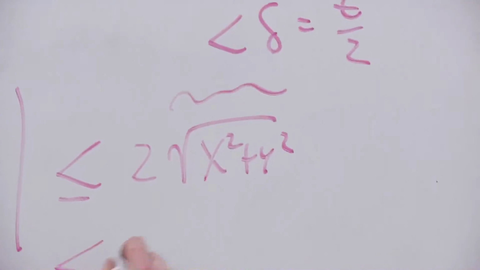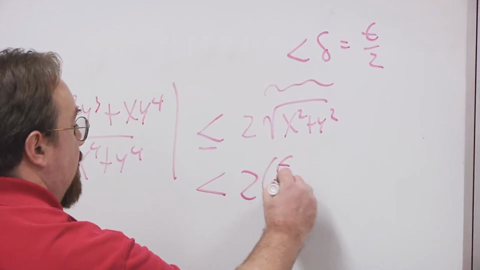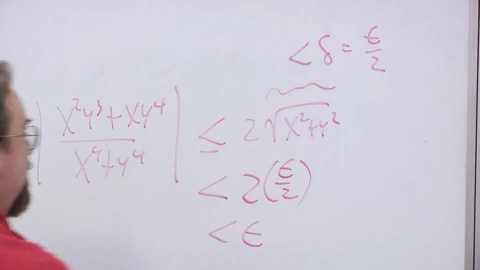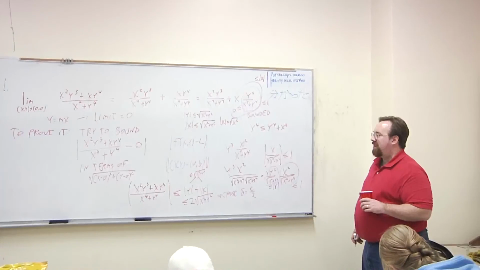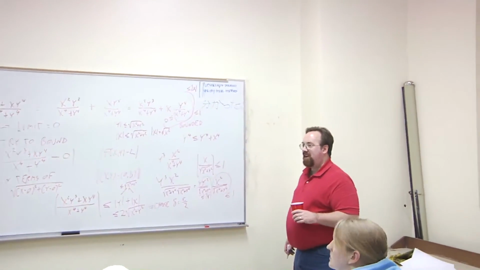So this whole thing must be less than 2 epsilon over 2, so it must be less than epsilon, therefore the limit actually does equal 0. The other most painful problems on this exam, 5 and 10, involve this definition too.